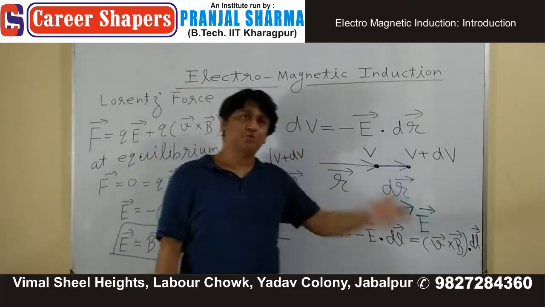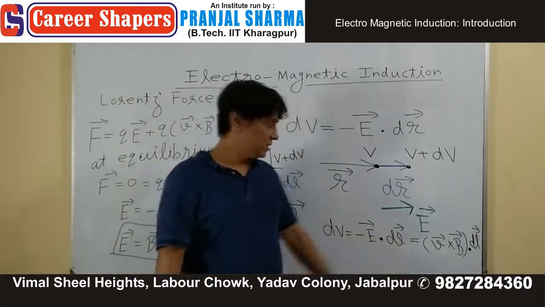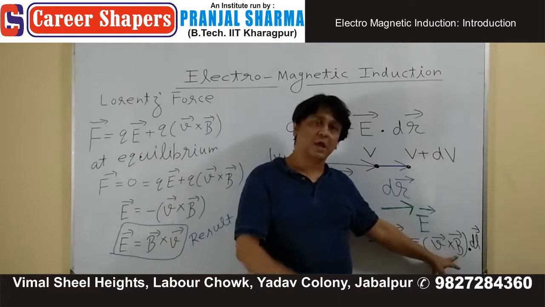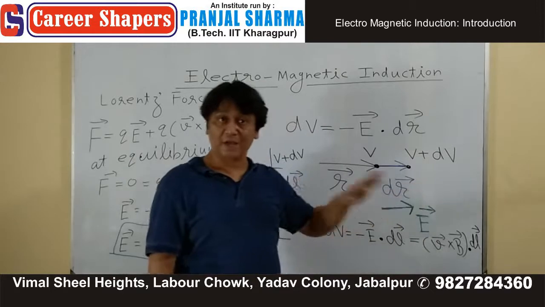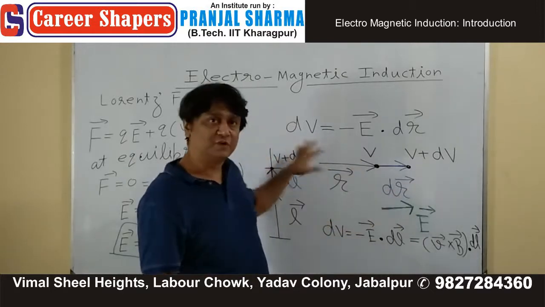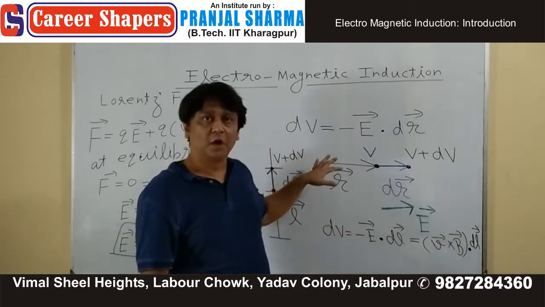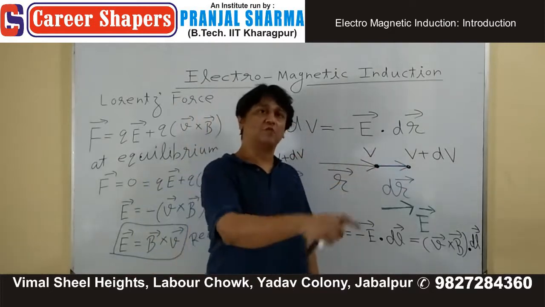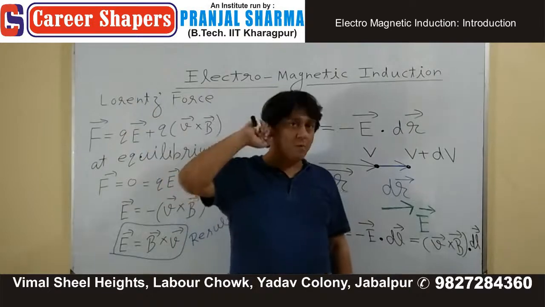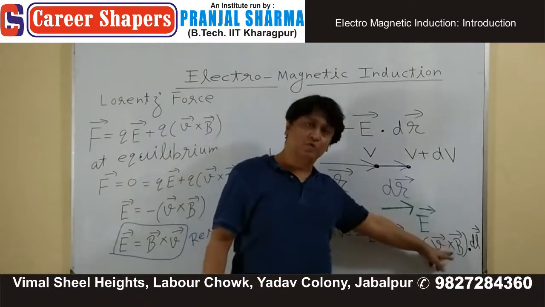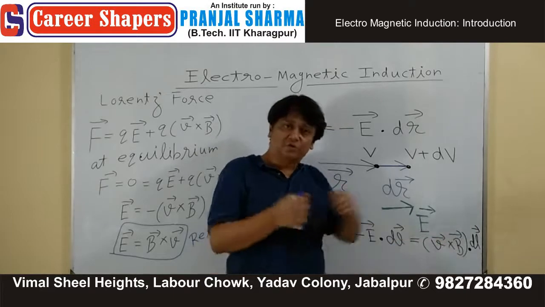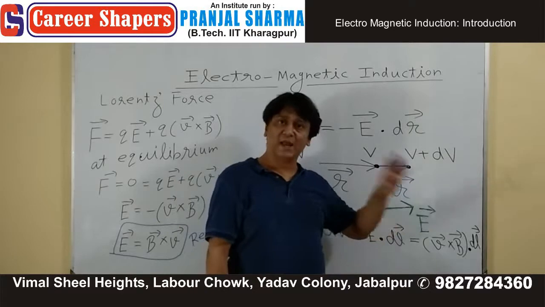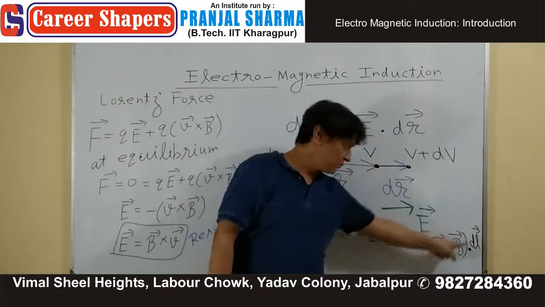Now you don't have to worry about whether things are uniform or not. If things are uniform, as they were in the very first example which we took, and all vectors are perpendicular, you get a straightforward result, VBL. But if the magnetic field is non-uniform, or you don't have a straight wire, things like that, we will take help from this format.